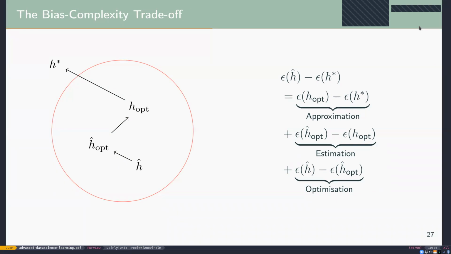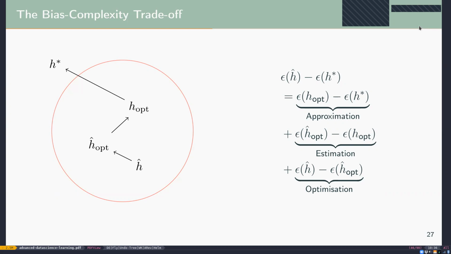So what we can say is that we first have the error between the thing that my algorithm finds and the optimal one that it should have found. This is basically the error that's introduced by picking a search algorithm that's not good enough.